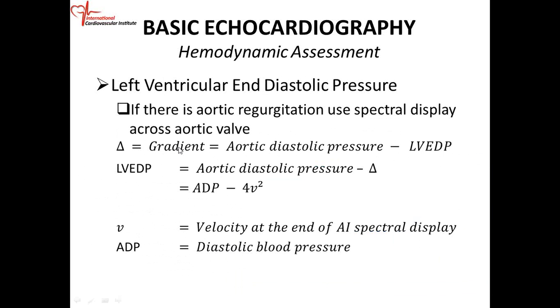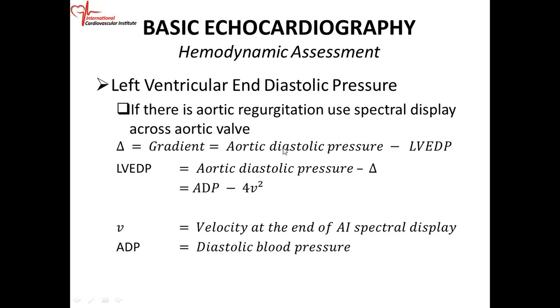So again, for you to get aortic insufficiency or aortic regurgitation, the diastolic pressure in the aorta has to be greater than the diastolic pressure in the LV. That pressure difference is what we call the gradient. So blood is now flowing from the aorta across the aortic valve into the LV.